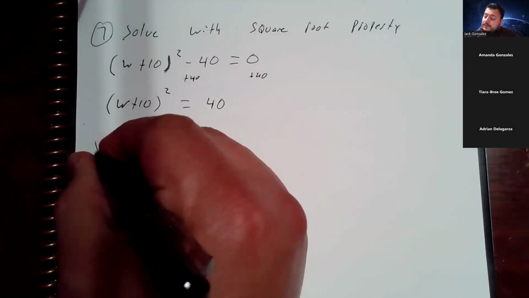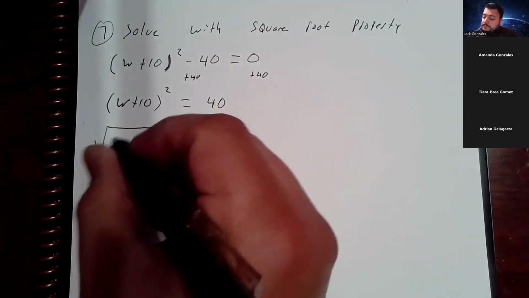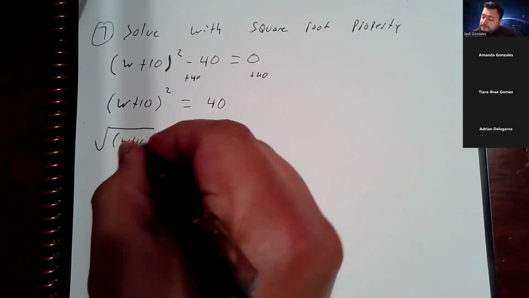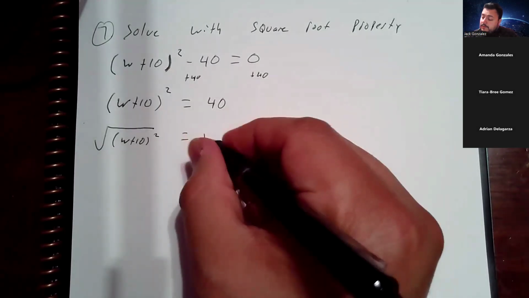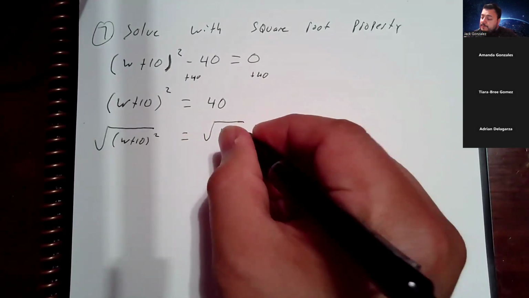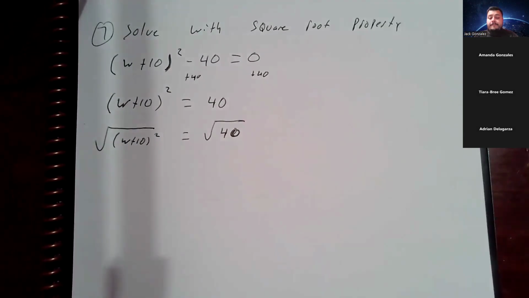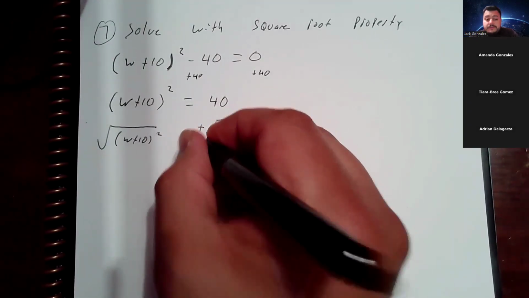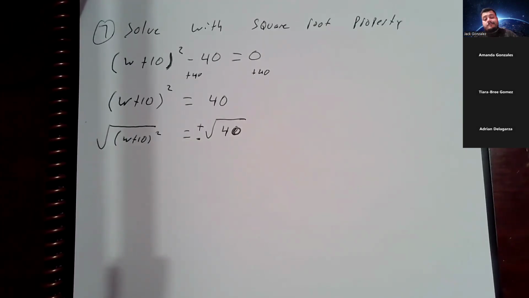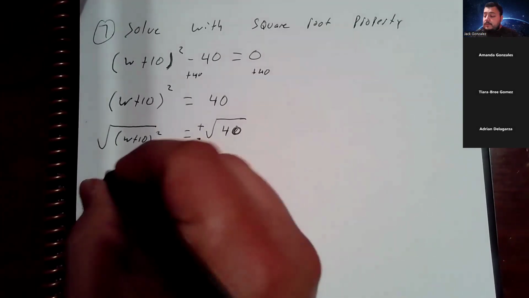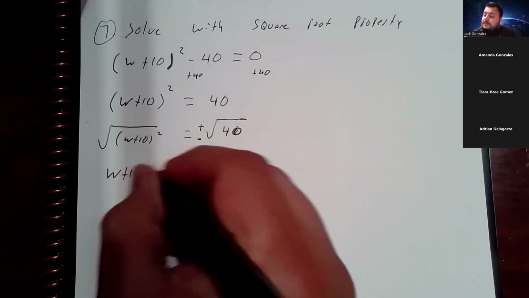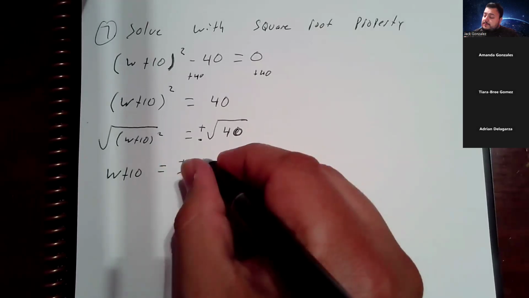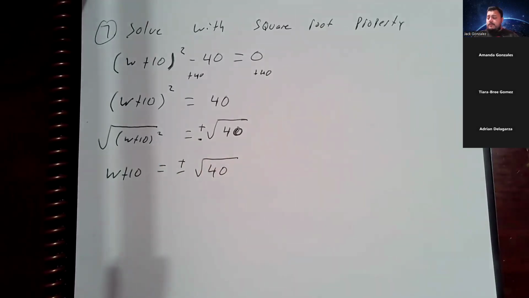Let's square root both sides. Yeah, there we go. And this is when we need to reduce that square root, right? Although when we do that, we have to add the plus or minus. But don't forget. So w plus 10 is equal to plus or minus root 40. So this is a square root.